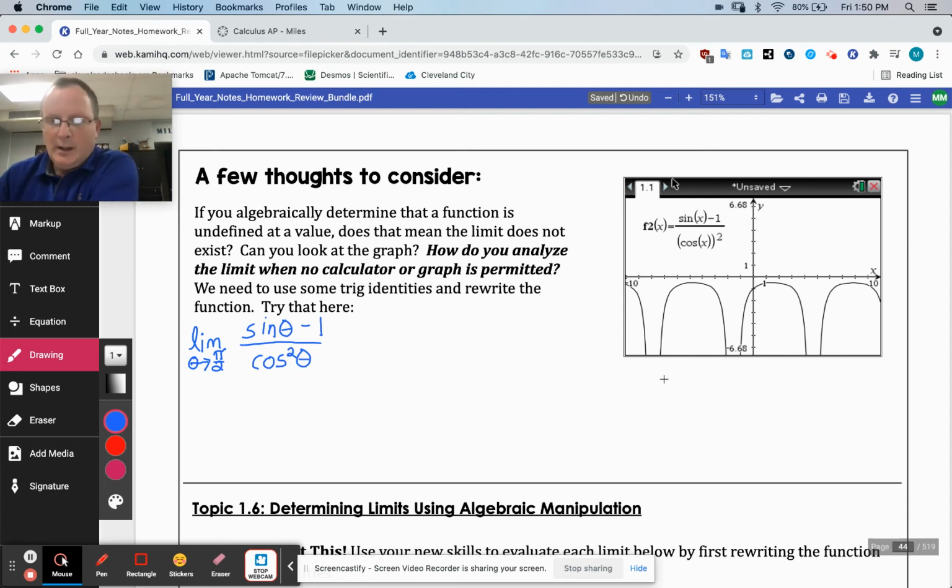Okay, a little reminder over here. Your Pythagorean identity, and there's a million ways to prove this one: sine squared plus cosine squared is equal to 1.